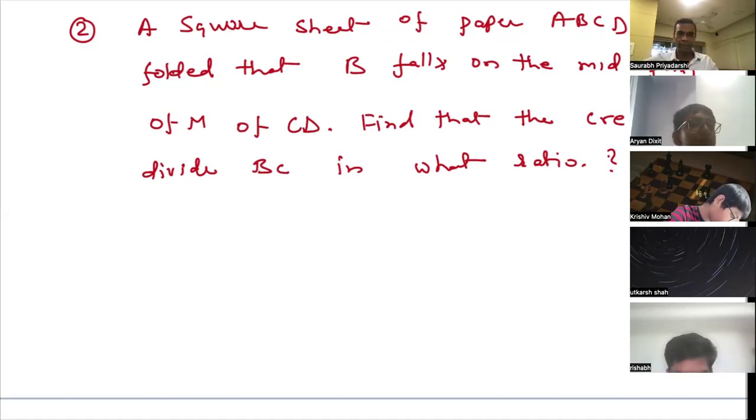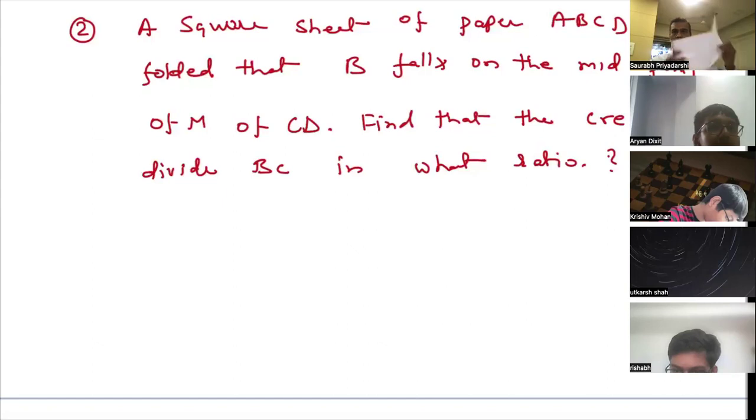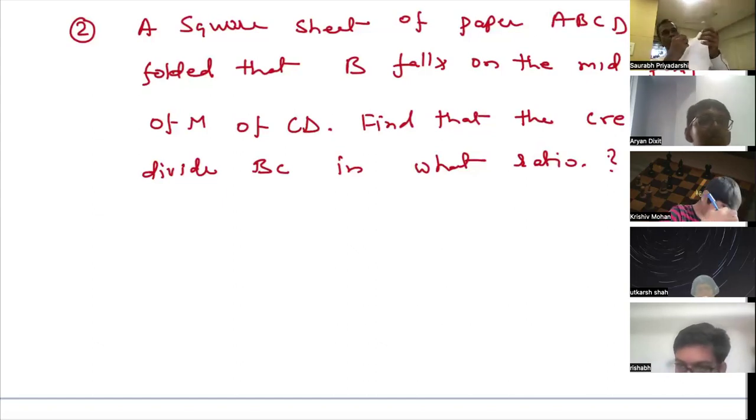But sir, if point B is folded, then how would we find the ratio of BC? If you fold the paper now, see, this is the rectangular paper, right? You are folding this to the midpoint of it.